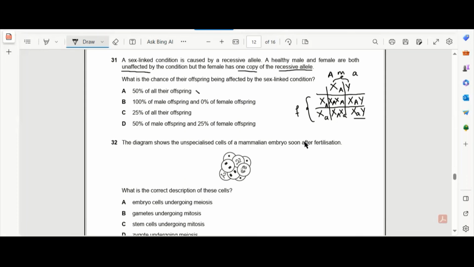So A will not be correct. 100% of male offspring and 0% of female offspring? No, this is not correct either. 25% of all their offspring. This is correct, since 1/4 will be affected, and that is 25%.